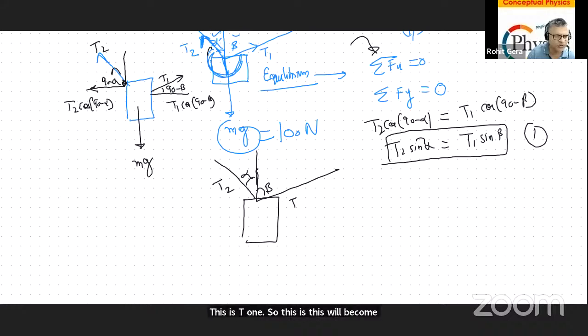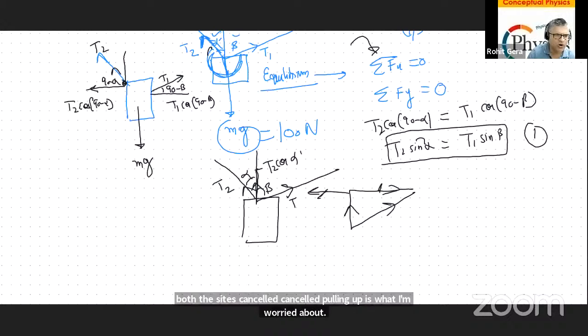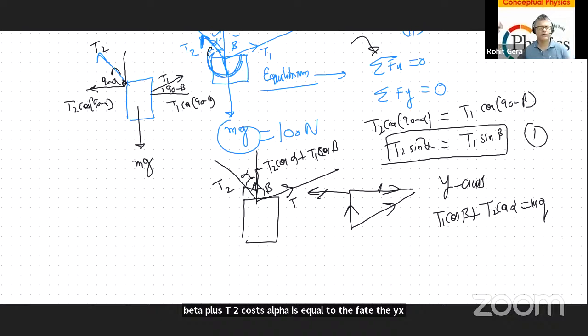This will be T2 cos alpha pulling it up, so I have to complete my triangle correctly. The horizontal components I have already cancelled on both sides. Pulling up is what I'm worried about. So T1 cos beta plus T2 cos alpha is equal to the weight. The y-axis equilibrium is also taken care of.